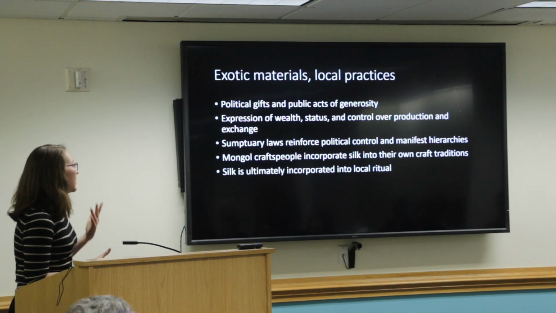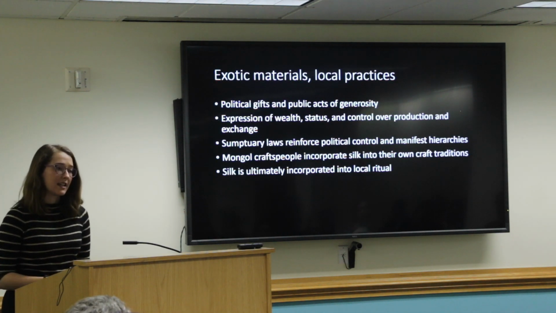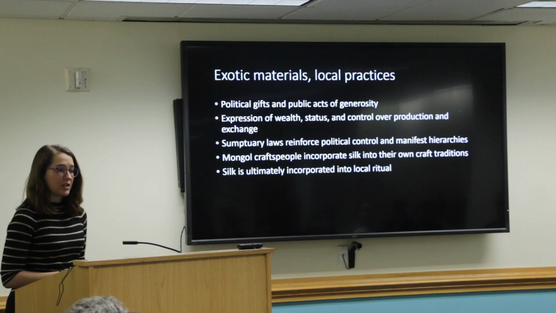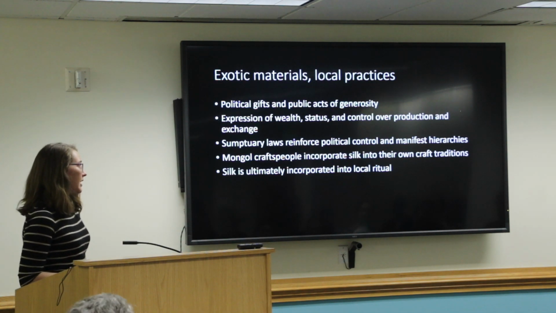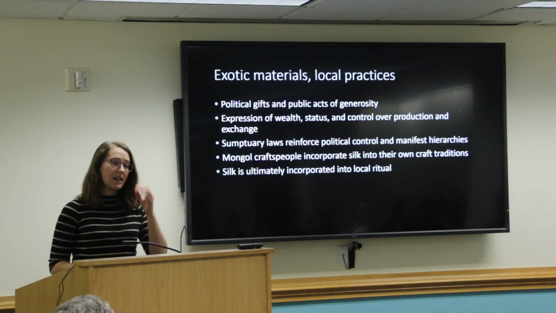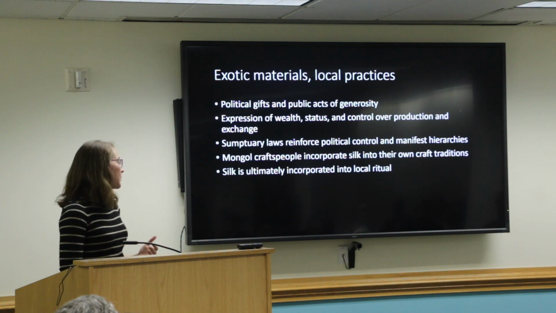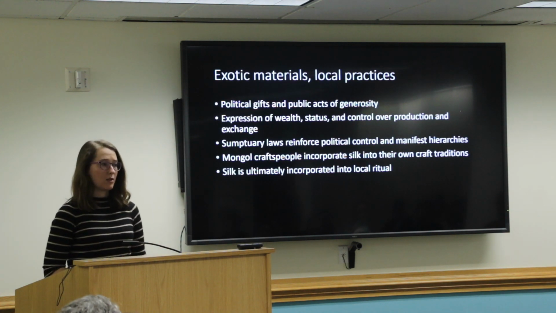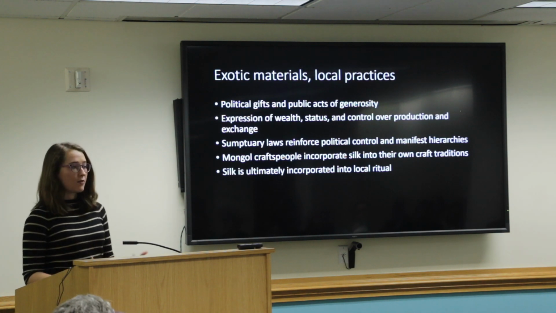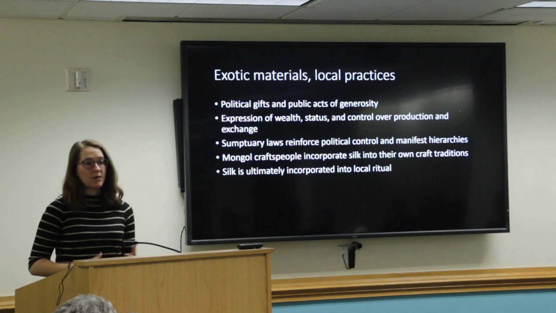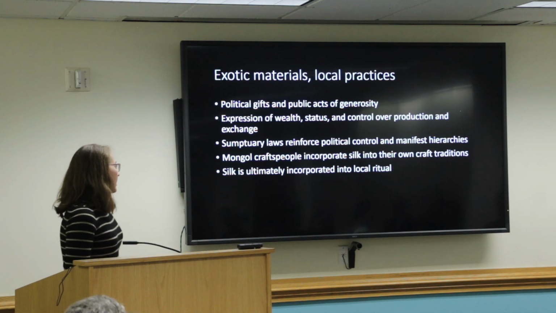And one of those is that we're seeing silk really incorporated into local kinds of aesthetics and local craft traditions, where Mongolian craftsmen are also adopting some of these raw materials and incorporating them into making dels, for example, or in these gers, these really unique nomadic contexts that are using imported and foreign silk, but they're doing it in a very Mongolian way and in a way that is meaningful in this context.